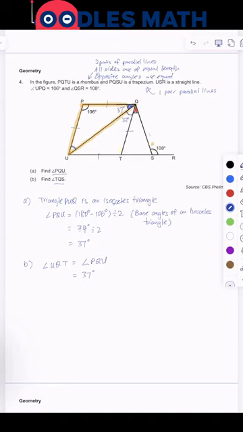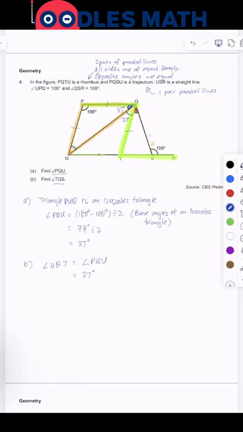Once we know that this is 37 degrees, what happens next? Now, take a look at the highlight in green. You will realize this is a parallel line. This is also a parallel line. And there's this line here that cuts across the two parallel lines. The green color highlighting that I've shown actually shows a very important geometrical property, which is called alternate angles.